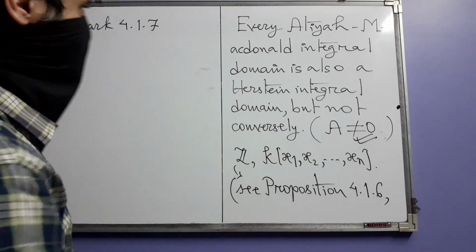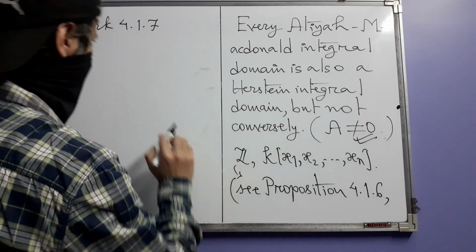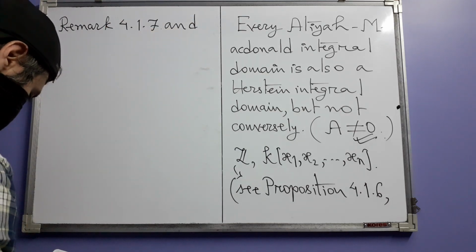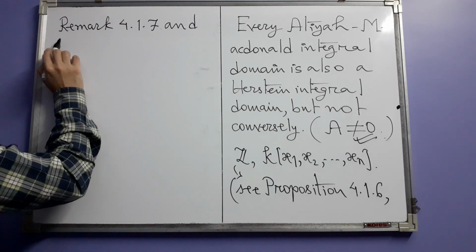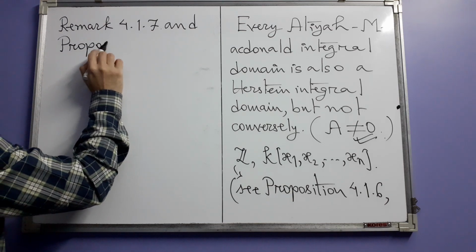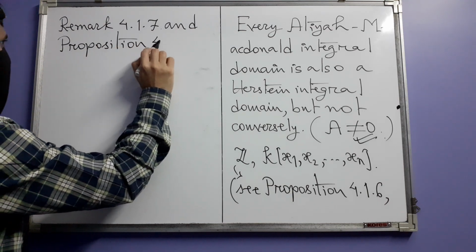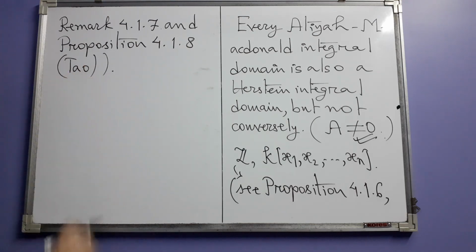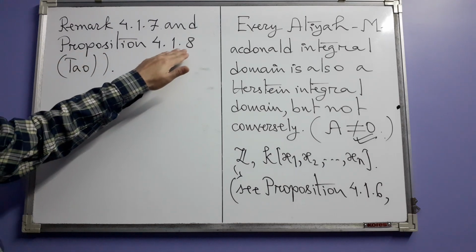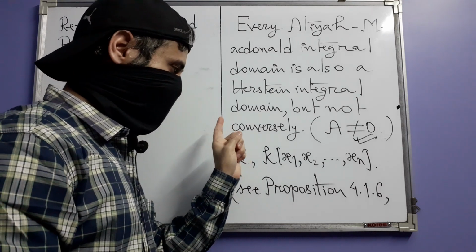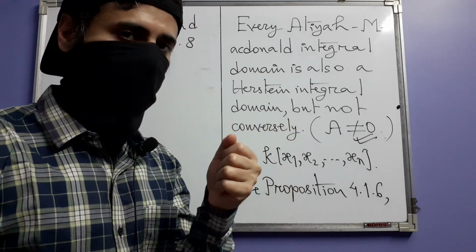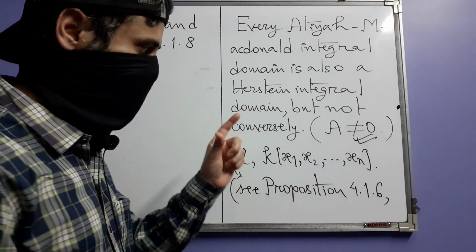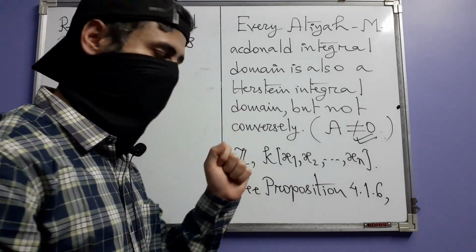And the fact that there are no zero-divisors, he shows in proposition 4.1.8 in Tao. In the statement of this proposition, there is a heading that integers have no zero-divisors. So in that analysis book also, this term zero-divisor has been mentioned.